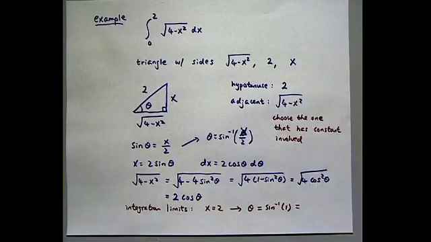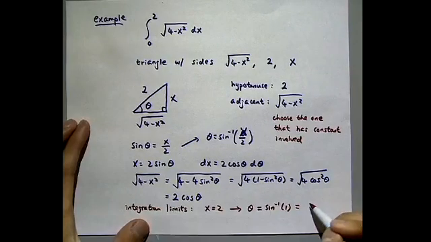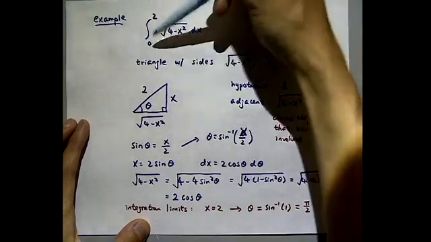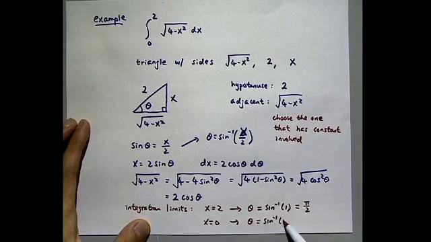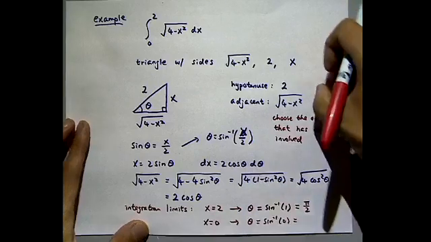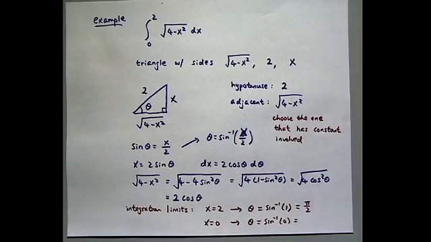So what angle has a sine of 1? Pi over 2, excellent. Then x is equal to 0. That means theta is the inverse sine of 0, right? What angle has a sine of 0? 0, yep.